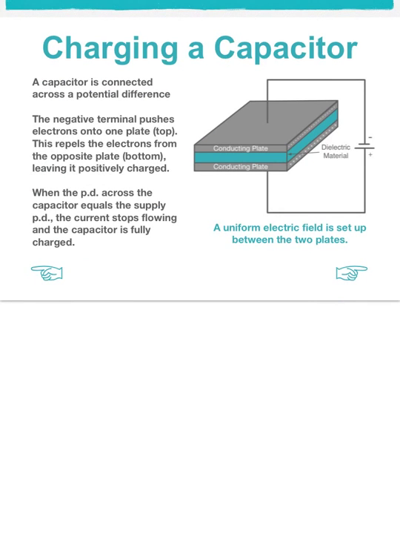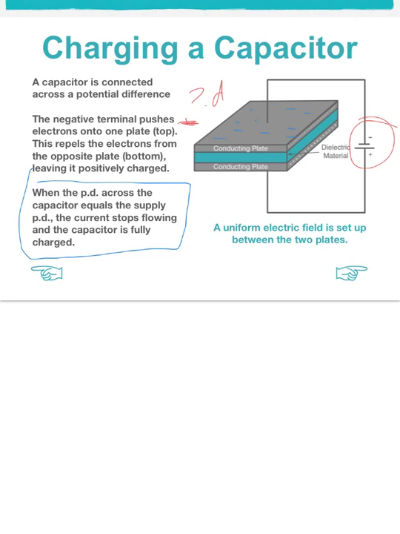Another way of defining when that current stops flowing is when the potential difference across the capacitor equals the supply potential difference. So when your charge is accumulated here, and it generates a potential difference which is equal to the potential difference of the battery, equal and opposite, of course, then that's when current flow stops.